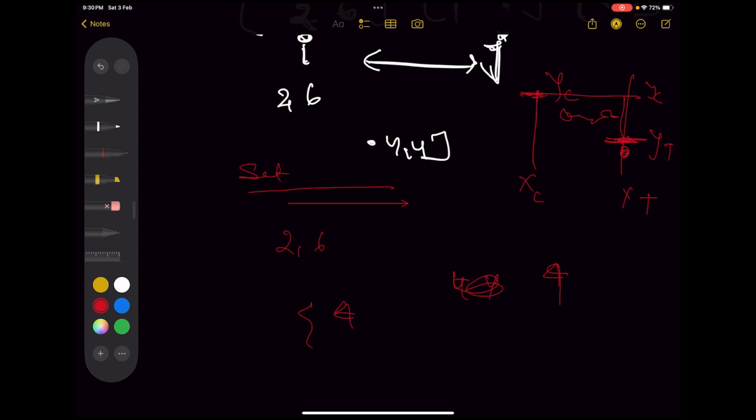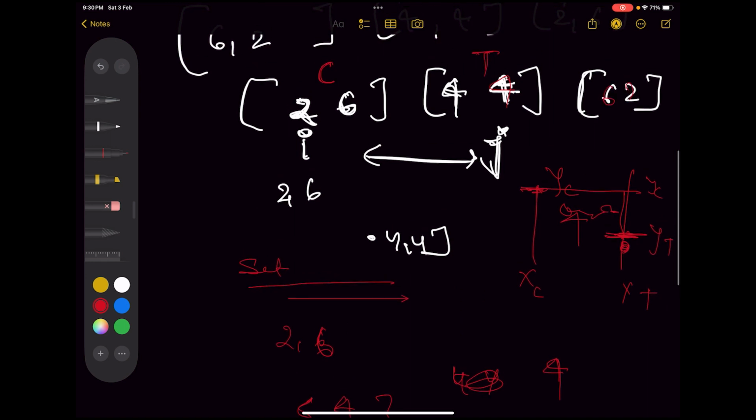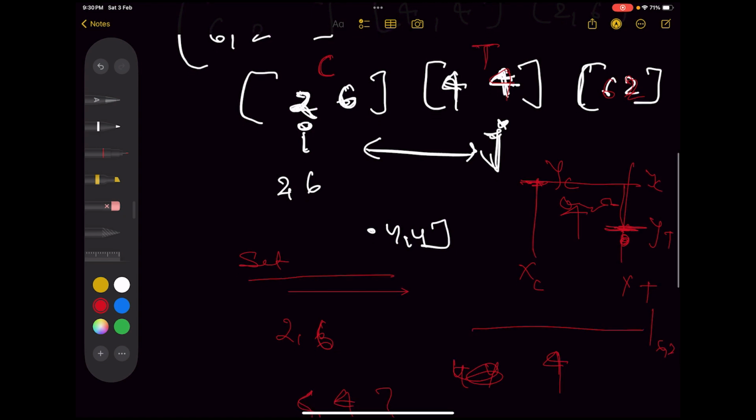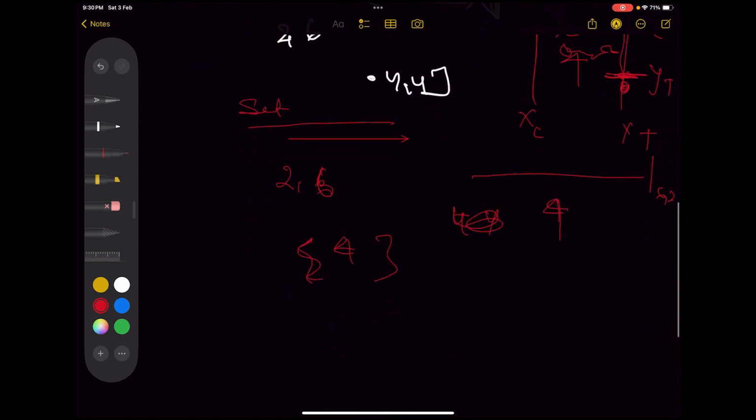Now the set is containing 4. Now I'll move to (6,2). Now I'll be checking, is there any point greater than 2 in our set? If there is, then it would be a non-valid pair. Now I have one value as 4.